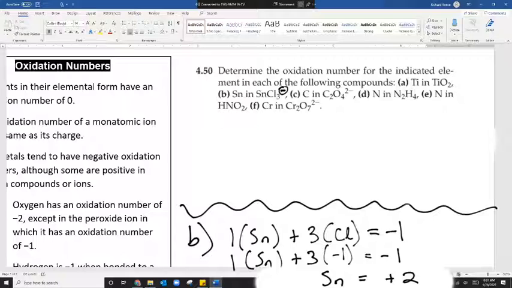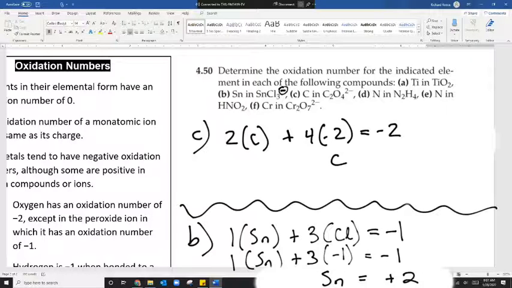C2O4 adds up to -2. If you're not there yet, it's fine, but MK, did you get an answer for letter C?